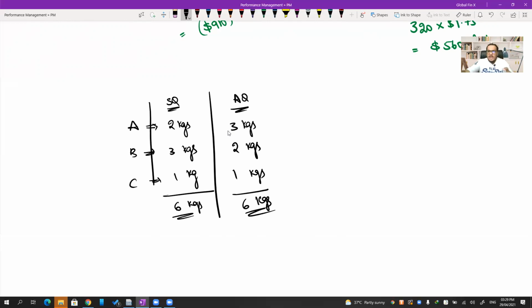Because of changing the mix of the composition, you are spending less, so you are getting a favorable mix variance. But the yield variance will become unfavorable. They'll take more time to do the same product because they're unskilled.